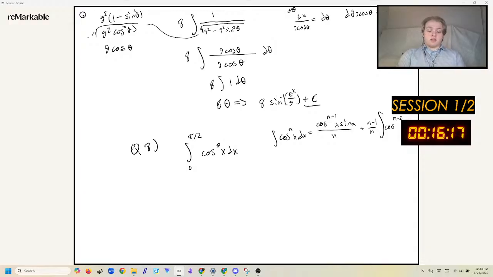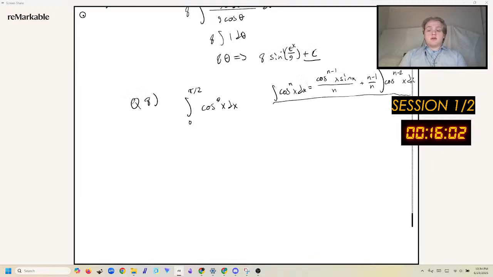As you can probably already tell, we are going to use this formula recursively to keep knocking down the power of the cosine. There may be more efficient ways to take this integral, but I am relatively novice with these kinds of integrals that aren't being directly applied to physics. So I'm going to take this more roundabout approach.